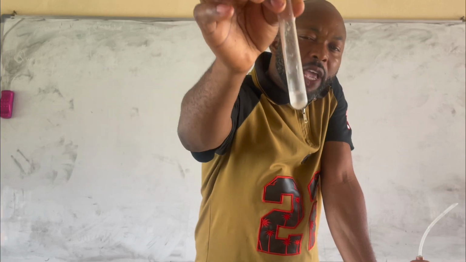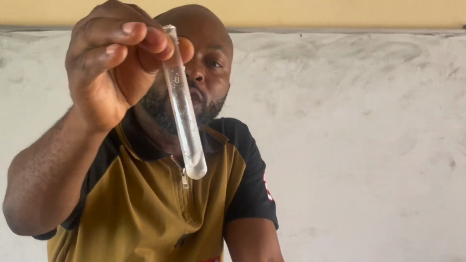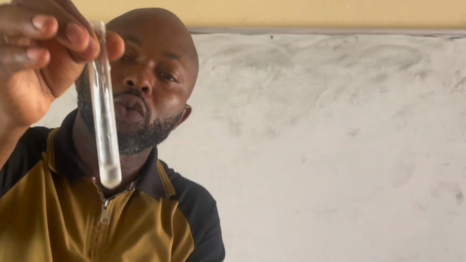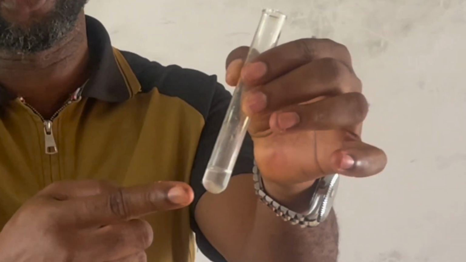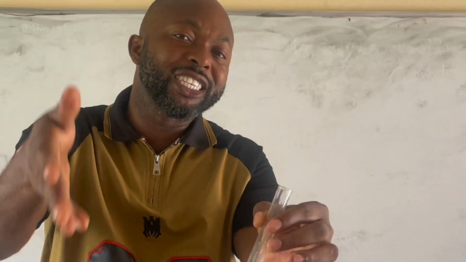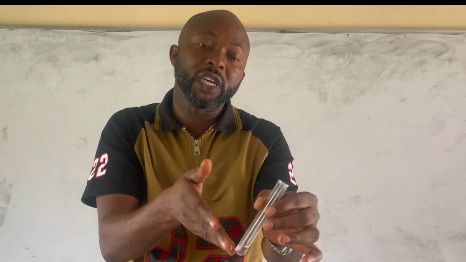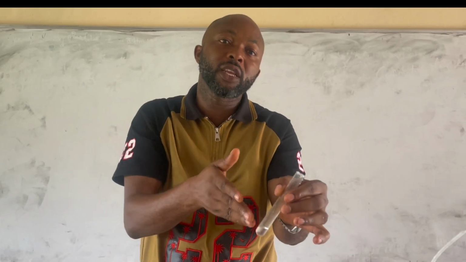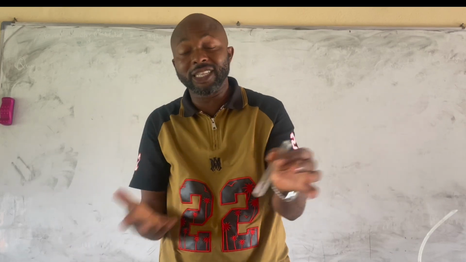When we say sample A plus barium chloride, when you add barium chloride to this, there is a reaction. The color will change. Your ability to understand the change in color will let you predict what is present, whether you're testing for sulfate, chloride, iodide, bromide, sulfite, and so on. That is how it is.